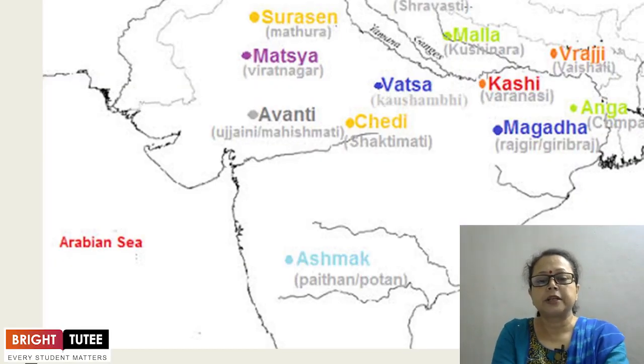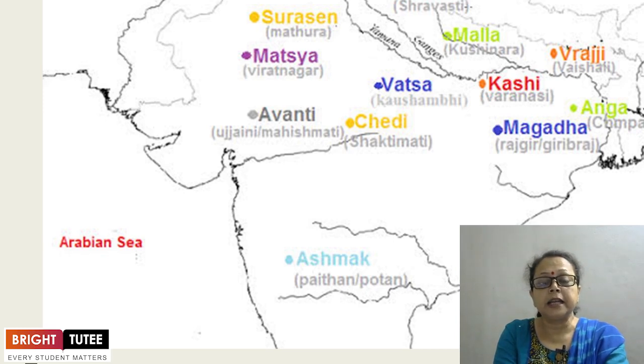Coming to the next, this is all about the important cities. What we have to discuss in this chapter about Mahajanapadas. Mahajanapadas, this is the name. Actually, Brahmi or Kharosthi, or might be Sanskrit, words were used in these days.